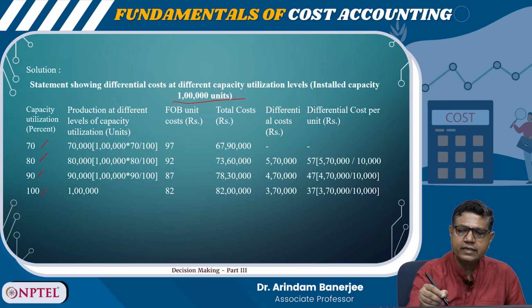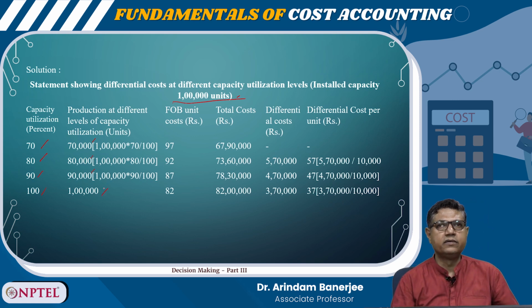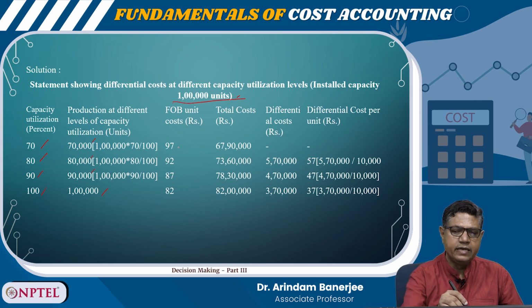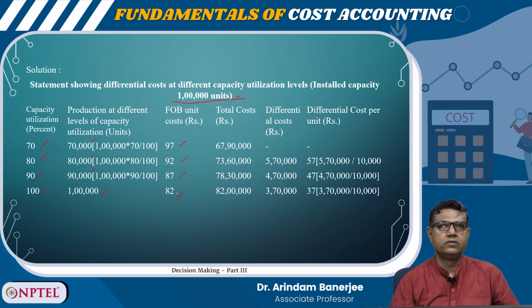So, 1 lakh is the 100% capacity. Of course, it will be 70,000 here, 80,000 at 80%, 90,000 at 90% and 1 lakh at 100%. So, the FOB unit cost I can take as 97, 92, 87 and 82, right.